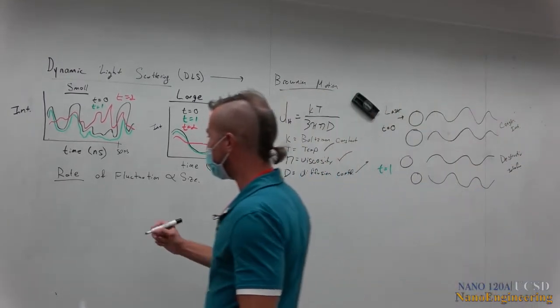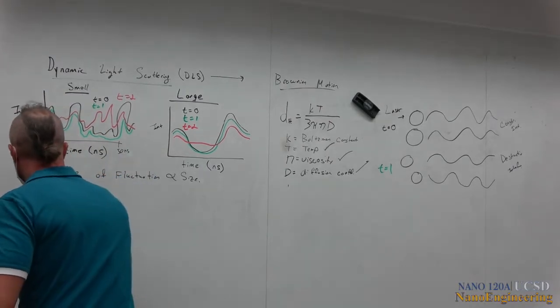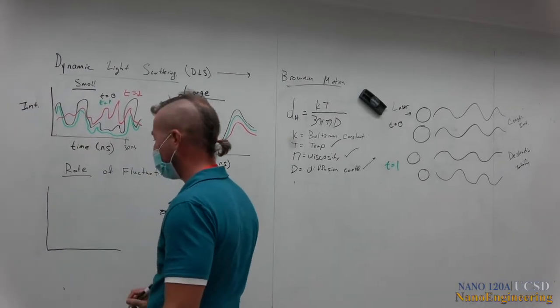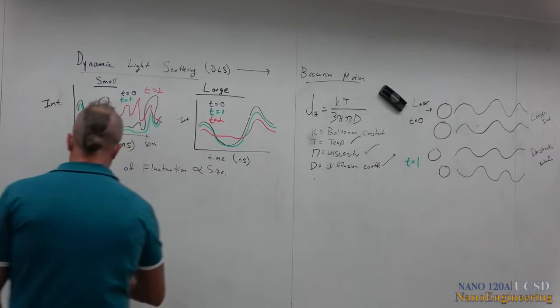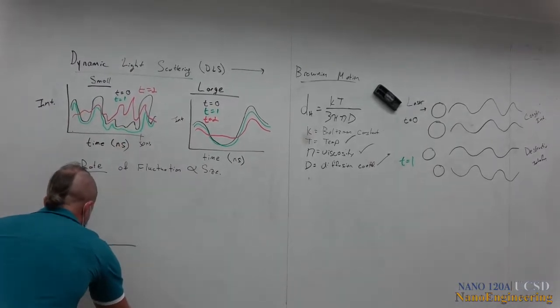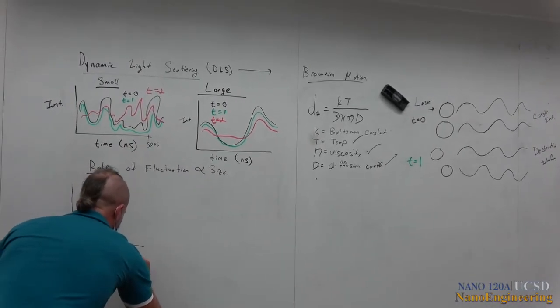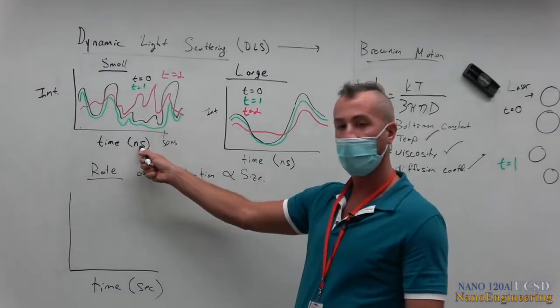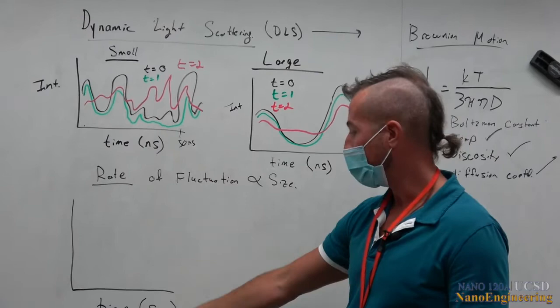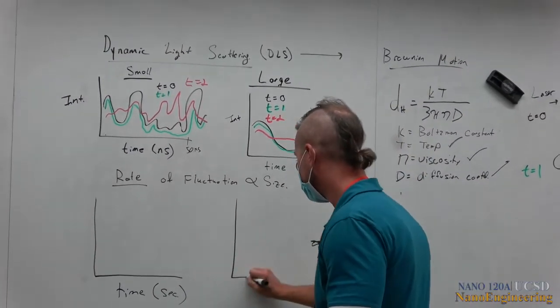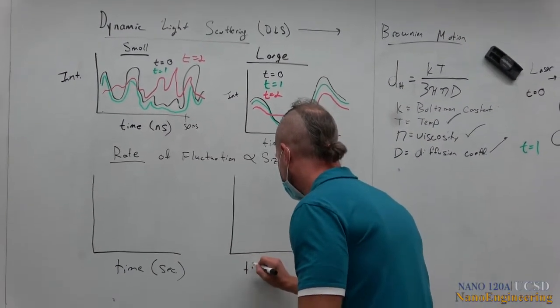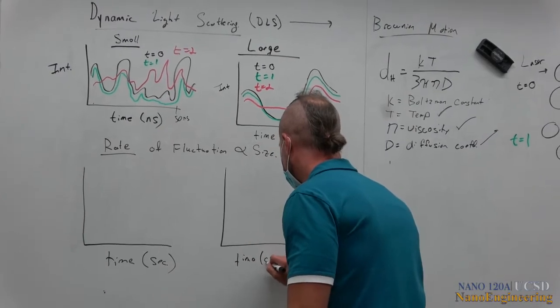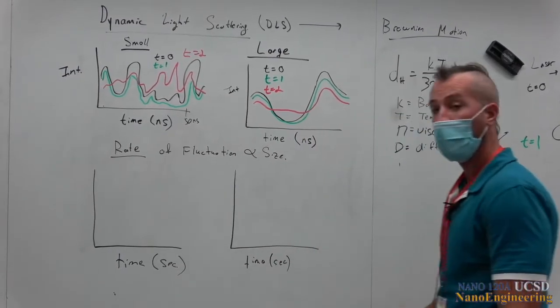So what the instrument does for you then is it plots time, and now I'm plotting in seconds. This is a key point. Earlier I was plotting in nanoseconds. Now I'm plotting in seconds. And what am I going to plot?